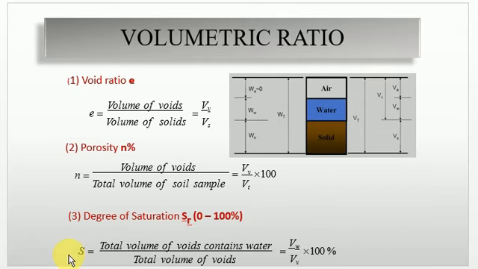So the degree of saturation is the ratio of volume of voids containing water to total volume of voids. So the equation will become S is equal to Vw upon Vv. Here we are going to take percentage, that's why multiply by 100. Here Vw is volume of water and Vv is total volume of voids, which contains volume of water plus volume of air.